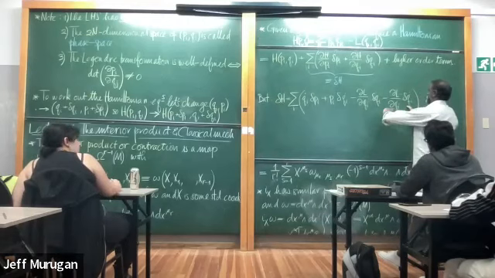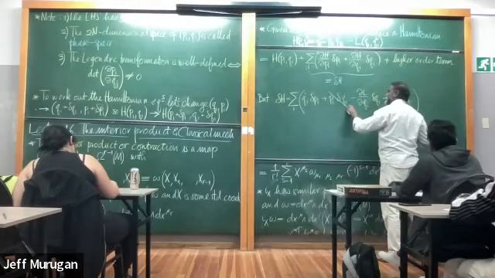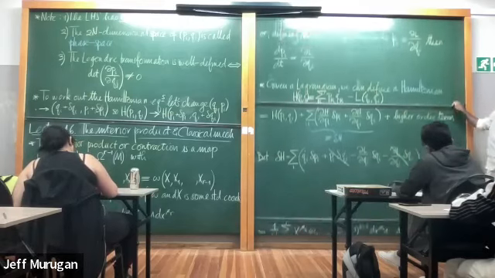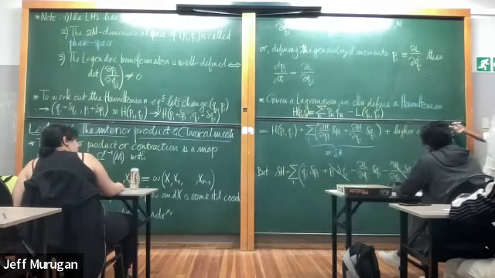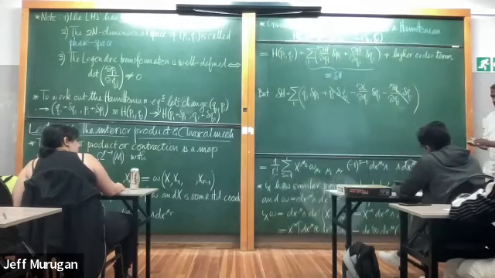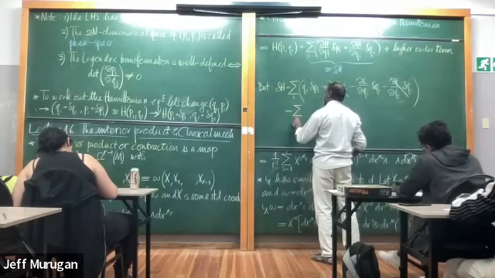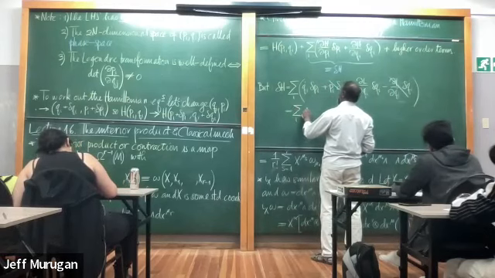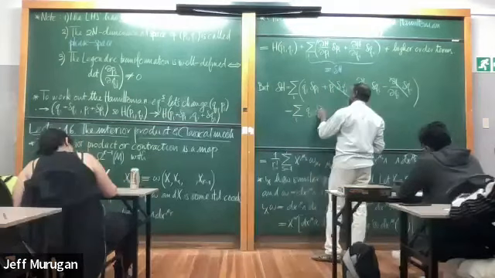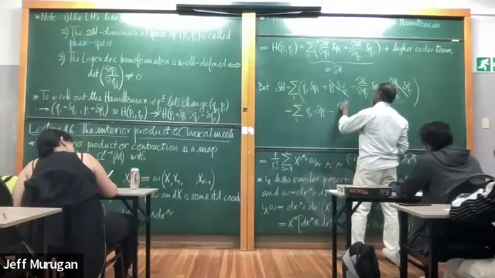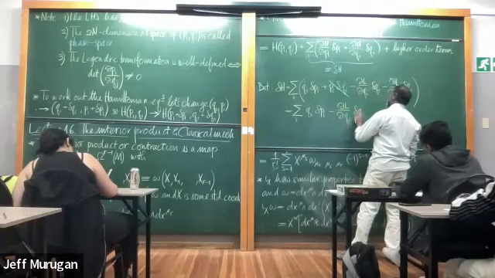The delta q_i dots will cancel out because of the definition of what the generalized momenta are. The p_i equals dL by dq_i dot, which means that this is just the sum over i of q_i dot delta p_i minus dL by dq_i delta q_i.